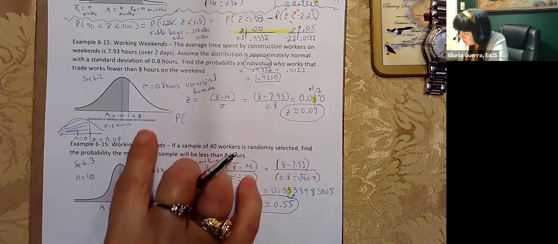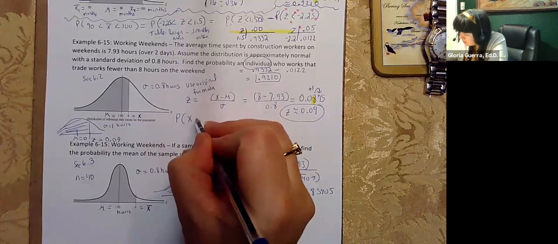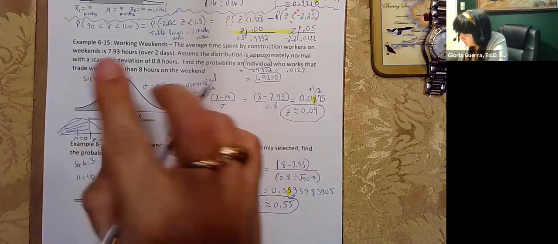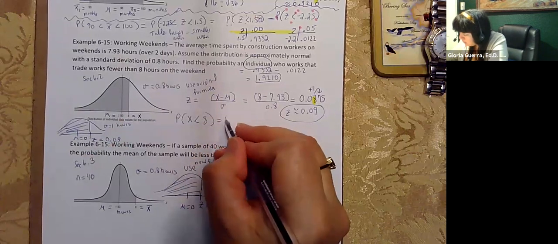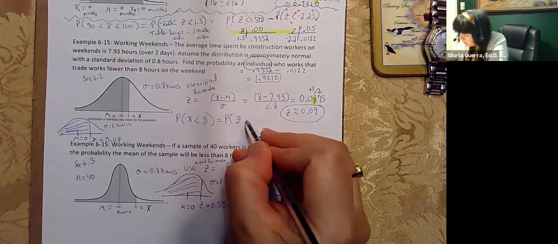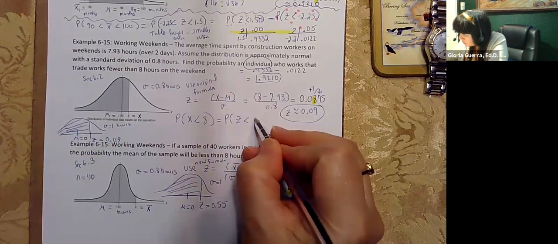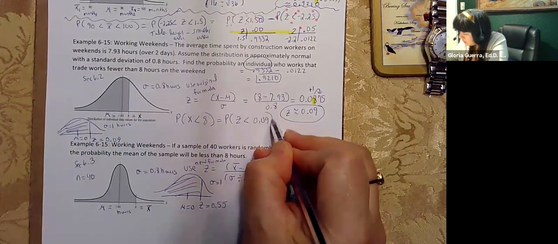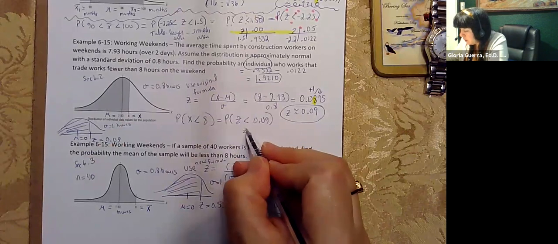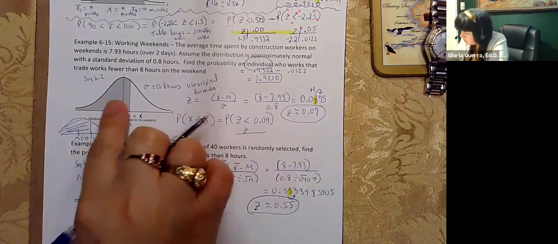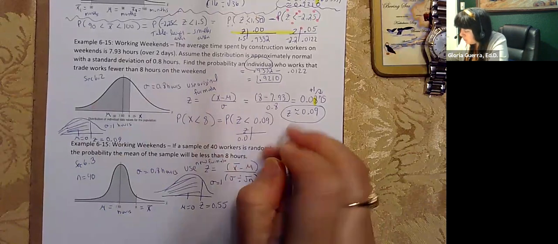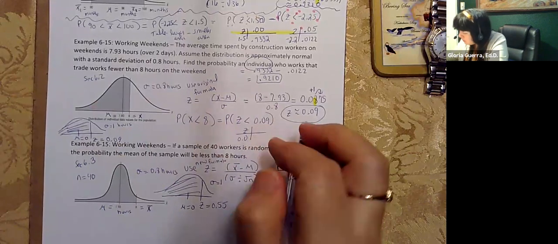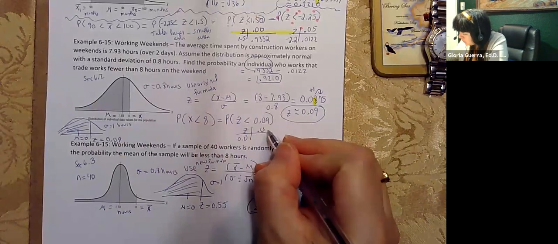This one is just X and it's less than 8. Then we ran it through the formula and now it became a Z and it's less than 0.09. And this is the easiest one because it's already area to the left. So when you look up, it's 0.0, remember the first two? And then 0.0 and then 9.